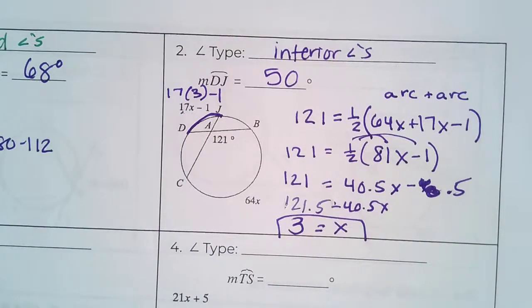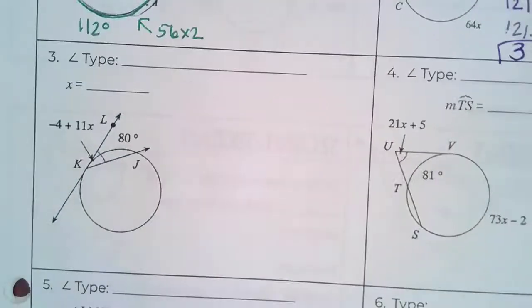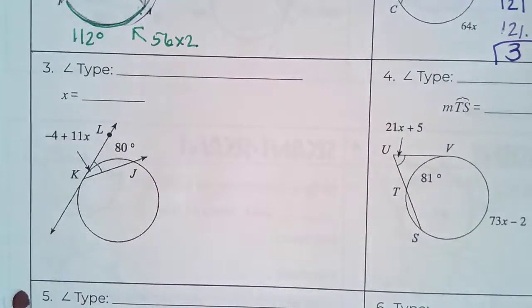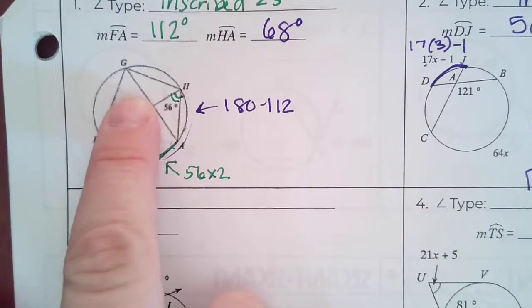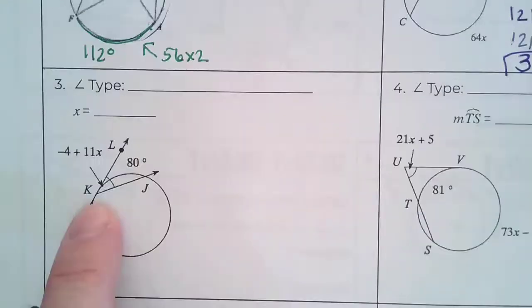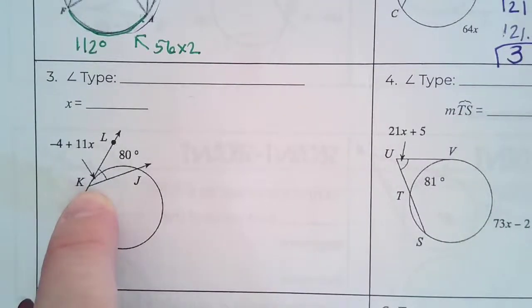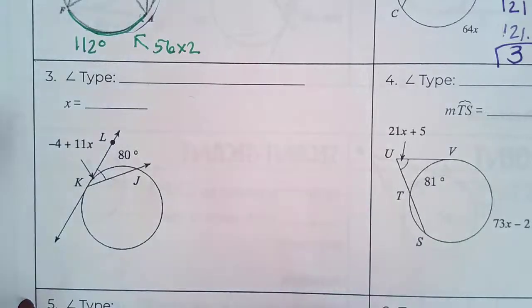Okay, number 3. So these ones don't look like your traditional inscribed angles, but this angle is on the circle. So this would still be considered an interior or inscribed angle.